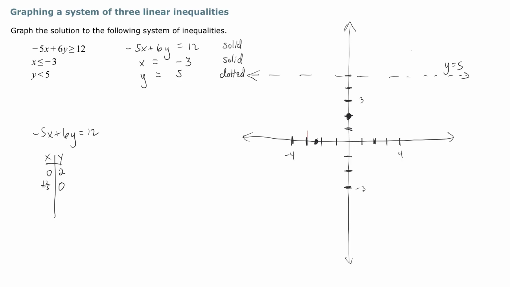This one is solid. That line is labeled what? X equals negative 3. And we also have the other line, which I'm going to take a straight edge and do, well, I don't need a straight edge. I'm good right now. So let's draw this line right here.